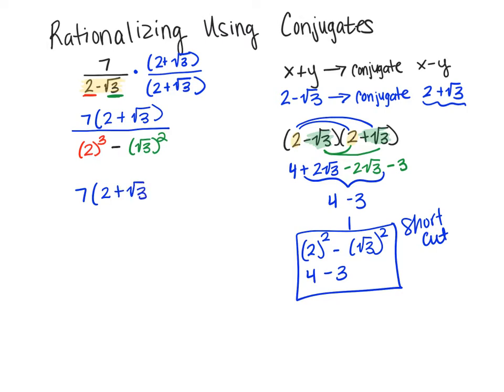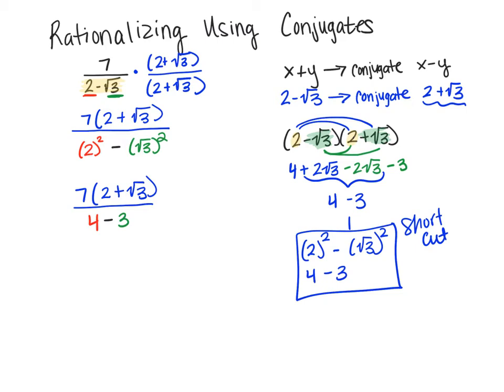Oh, I just found a mistake here. That should have been 2 squared at the top, not 2 cubed. So let me go up and fix that. Sorry about that. 2 squared. So 2 squared is 4. And then root 3 squared gives us the 3. And 4 minus 3 is just 1.